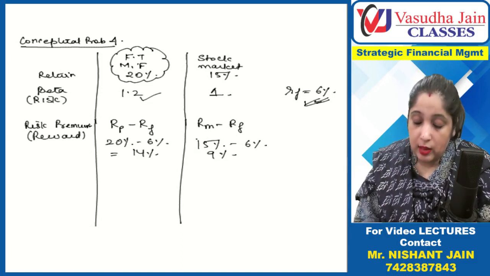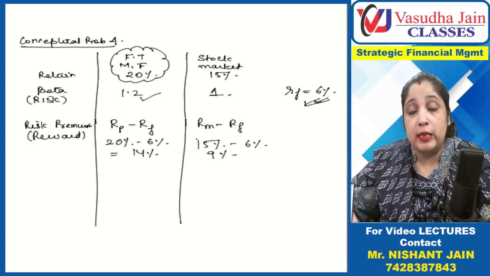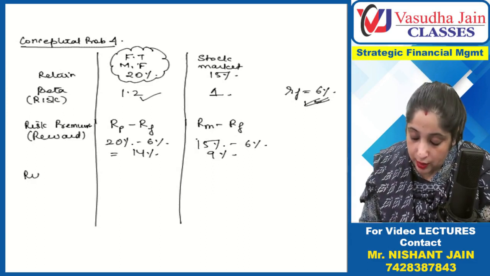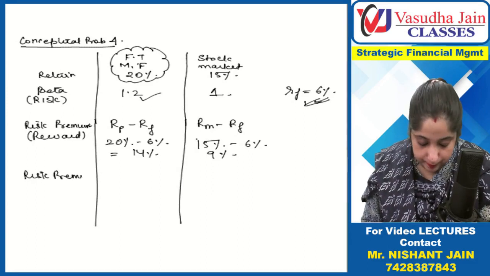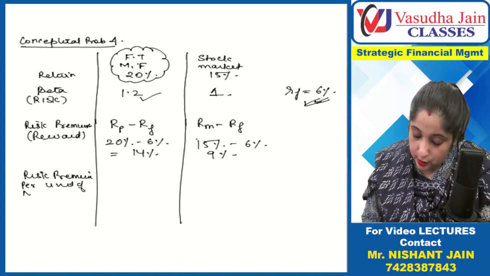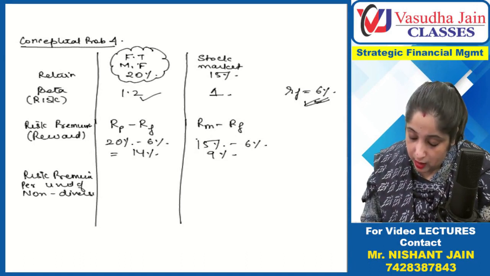How much is the risk in the mutual fund portfolio? 1.2. And how much is the risk in the stock market? 1 only. So let us find out the risk premium per unit of beta, or non-diversifiable risk.